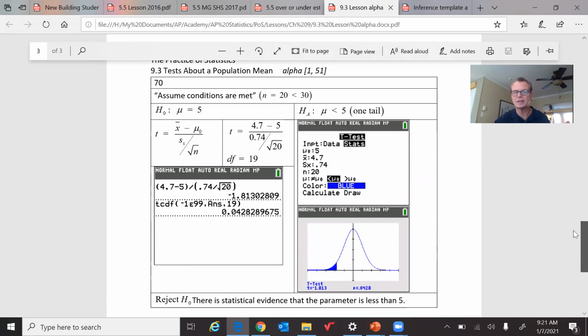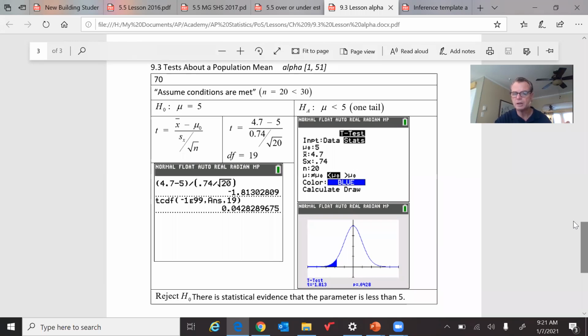And for 70, again, it tells you assume the conditions are met. Here's the calculation. But this is a one-tailed test. So we want to know if it could be less than 5. So we're at 4.7. This gives us a t-score of negative 1.8. The area of the curve to the left of negative 1.8 is 4%.